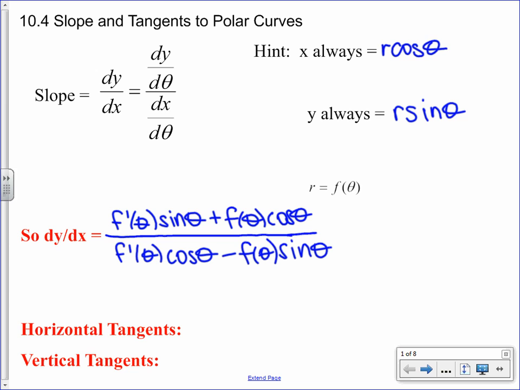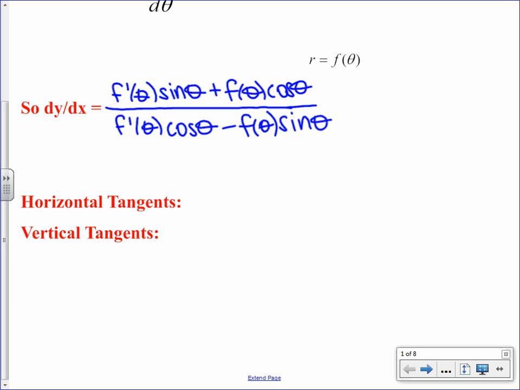So, let's remind ourselves, how would we find horizontal tangents? The top is 0. Okay, so in this case, what is the top? dy d theta. Yeah. Okay. So dy d theta is 0. What about vertical tangents? Okay, now there is one stipulation for both of these. You can't have both equal 0 at the same point.